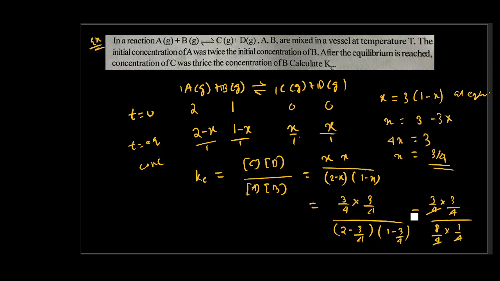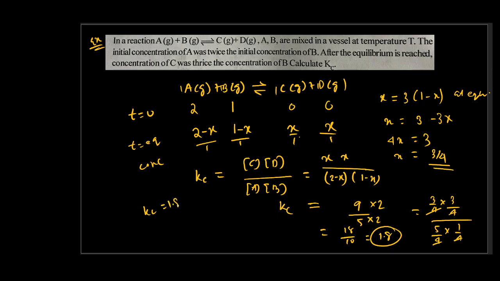Cancelling the 4s, we get 9 divided by 5 multiplied by 2, so 18 divided by 10, that is 1.8. So Kc is equal to 1.8.